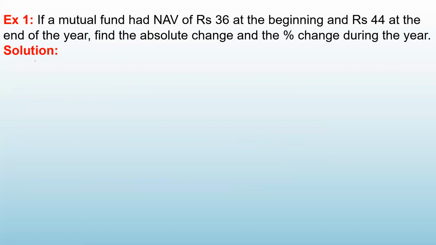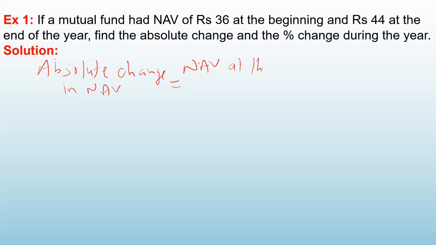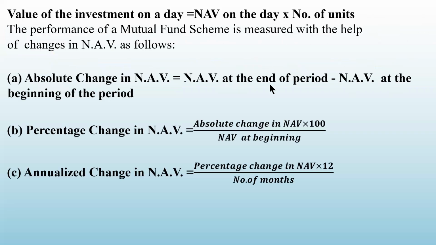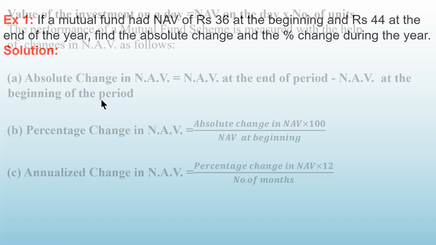Absolute change is equal to NAV at the end of the period minus NAV at the beginning of the period. This is what is called an absolute change. And this is what is given to us.